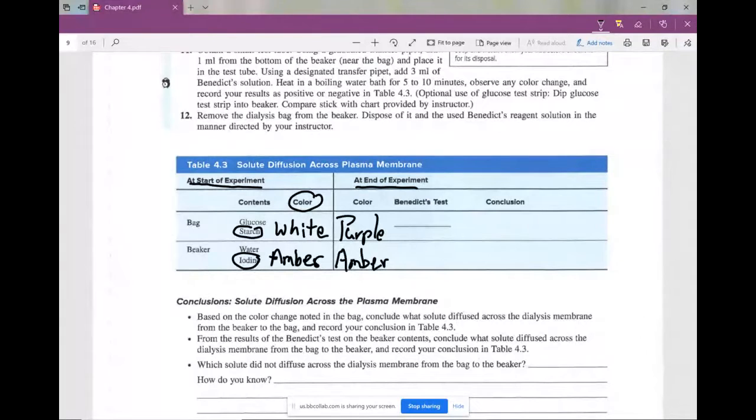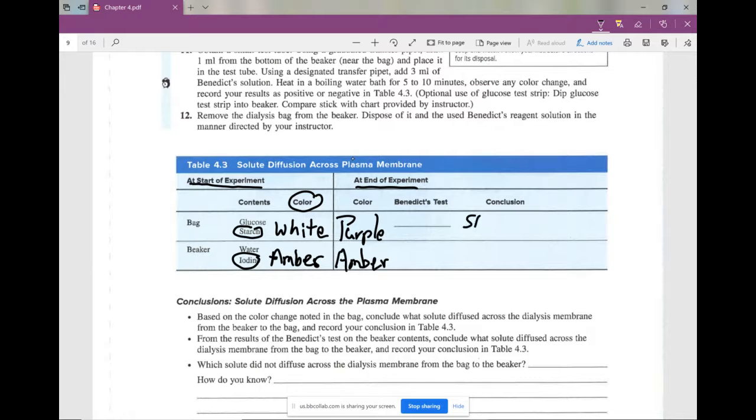So our indicator for starch has worked. Iodine has moved through the plasma membrane into the dialysis bag, and it has shown that iodine is able to move in. It also has shown us that starch has not been able to move out of the dialysis bag.